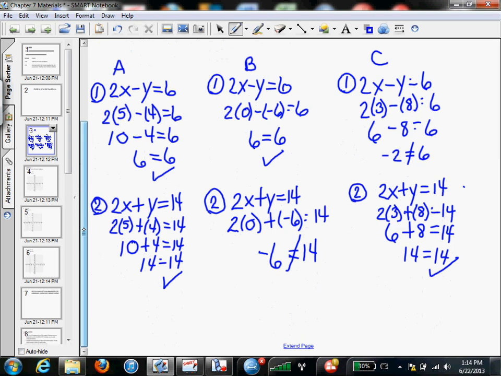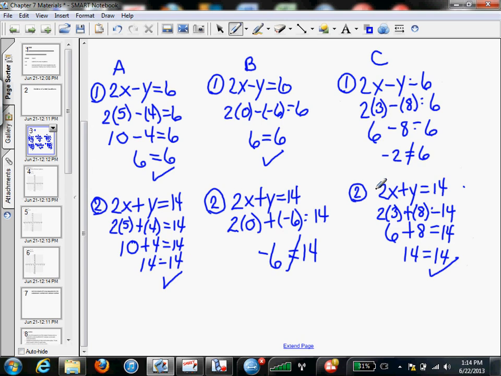So if we look at what we've collected, A's coordinate pair, which was 5, 4, works for both equations because both have check marks. B's coordinate, which was 0, negative 6, worked for one equation but not the second. And C's coordinate pair 3, 8 did not work for the first equation, but it did work for the second.